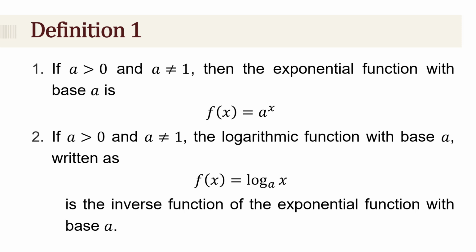Now, going back to our first definition, this exponential function, when we replace a with e, that becomes our natural exponential function. Likewise for the logarithmic function, when we replace a with e, that becomes our natural logarithmic function, which we write as ln of x.